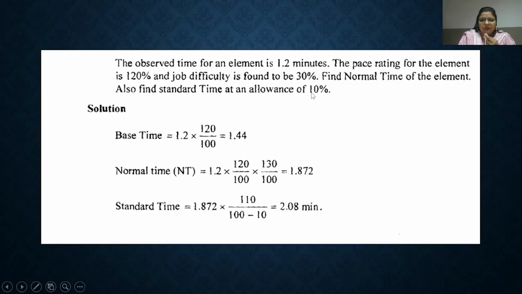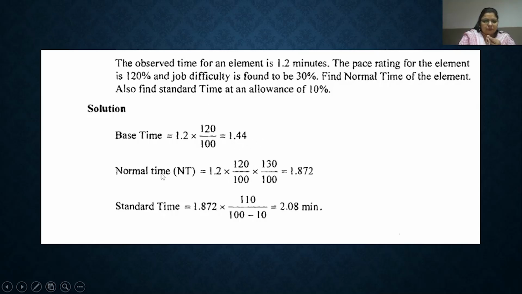So, a 10% allowance is given, 1.2 minutes for the element, a pace rating of 120%, and job difficulty of 30%. Now what will we do? The base time is 1.2 multiplied by 120 divided by 100, so this is our base time.